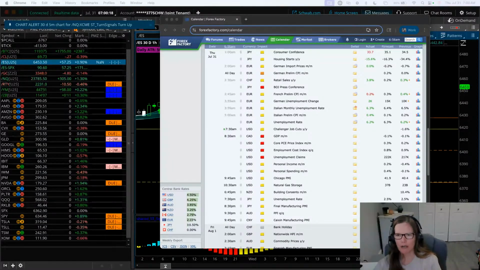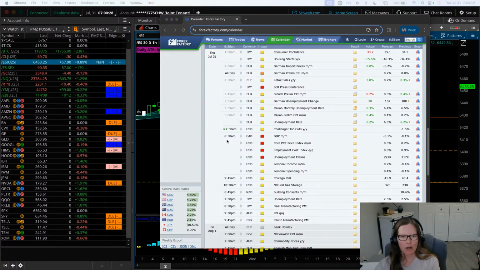Routine here. I always start the morning off by being aware of what planned economic data is coming out for the day. You can see here on today, 30 minutes before the bell, we have three red folders. That means there's a potential for high impact of volatility on the market.